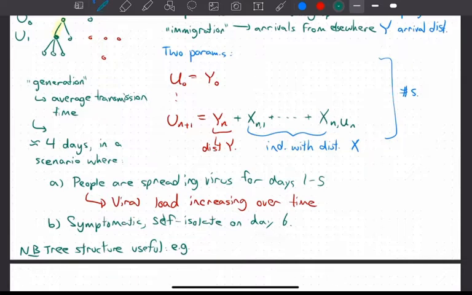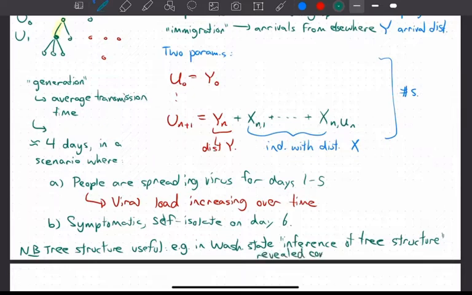It turns out that this virus mutates rapidly enough that we can make inferences about when the most recent common ancestor of the virus in 2 different people was, by sequencing the viral DNA from them. So in Washington State, inference of the tree structure was the thing that revealed community spread, or at least strongly suggested it.